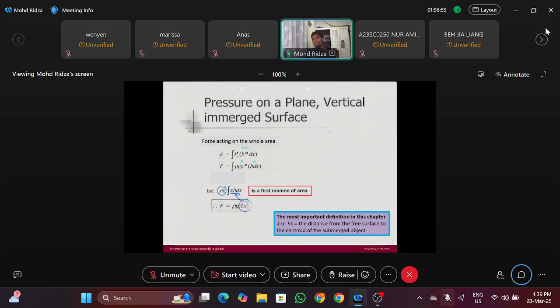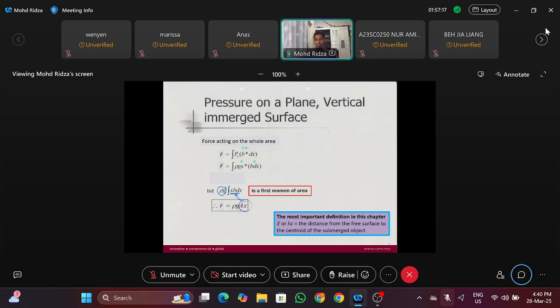From your physics, I'm not sure, maybe you will learn this in your mechanics or material course. I'm not sure if you're taking this, you guys are taking a different subject, but yes, assume this is correct. x times b integrated over dx is your first moment of area.